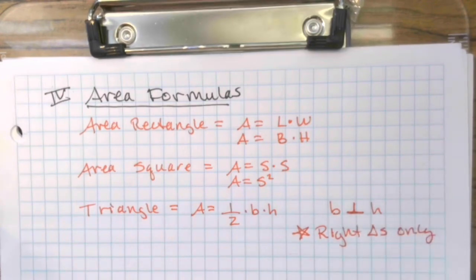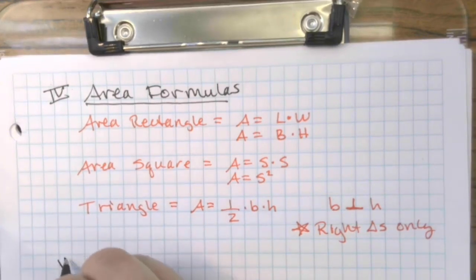We're going to learn some other ways to find triangle area as we go along in pre-calculus, but up until now, you would only have this. So if you had a triangle that was not a right triangle, you'd have to cut it into pieces in order to figure out what the base and the height was. And that might involve midpoint formula or distance formula.